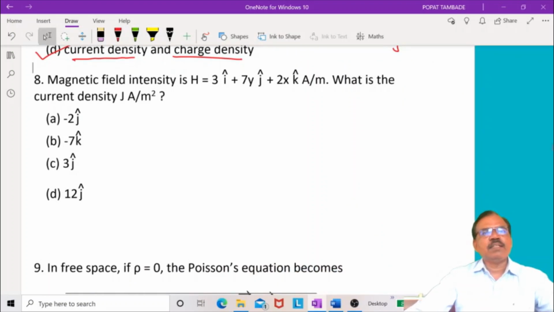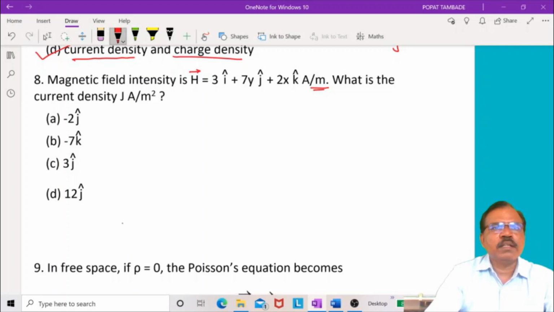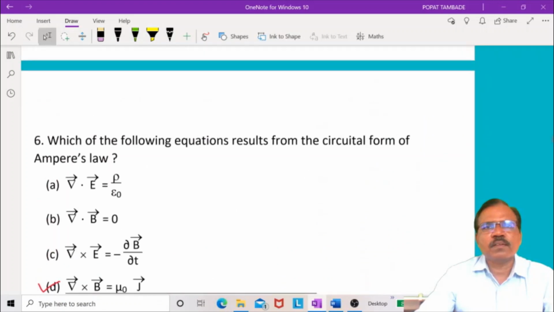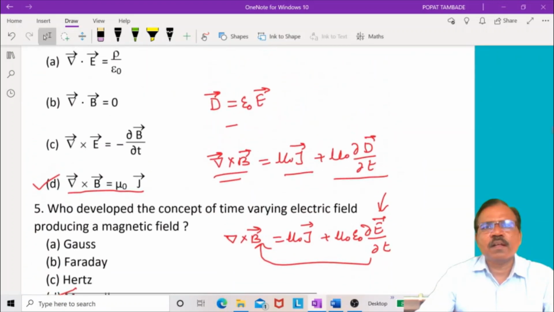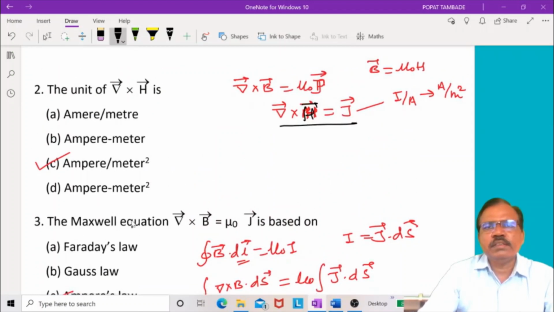Now the next one, the magnetic field intensity is H. It is vector H is equal to 3i plus 7yj plus 2xk ampere per meter. What is the current density? Now here we have seen del cross H is equal to J from Ampere circuital law.